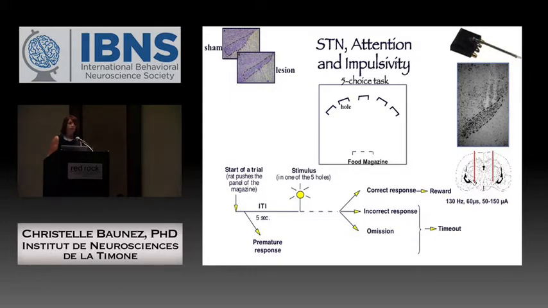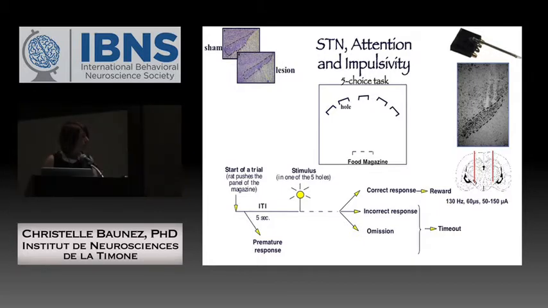And we've heard during the meeting about the 5-choice serial reaction time task already. And this task allows us to assess divided attention in rats, but also we can measure many aspects of impulsive behavior. So I'm going to briefly describe what the rats are supposed to do.